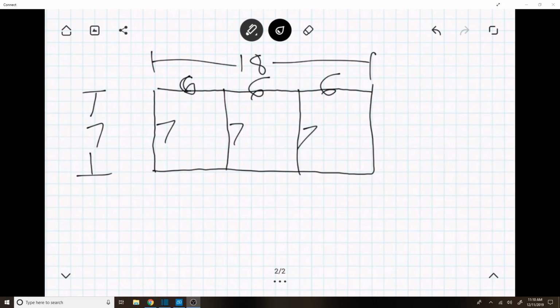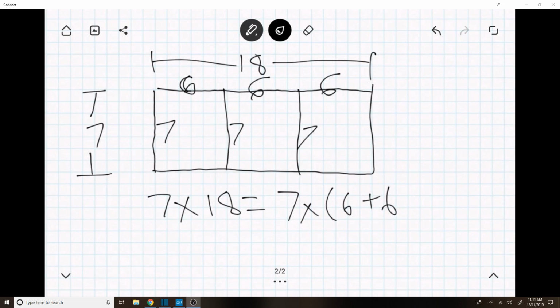What we can do, the distributive property, usually how it's taught is, well, you've got this times that, and that's the same thing as 7 times 6 plus 6 plus 6.